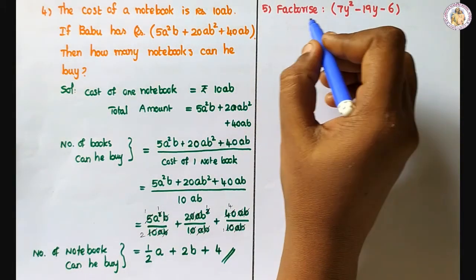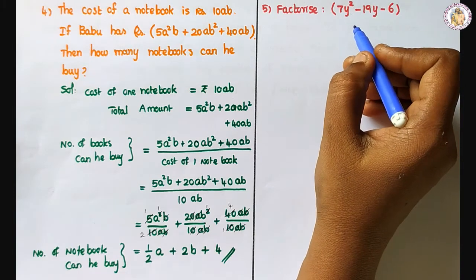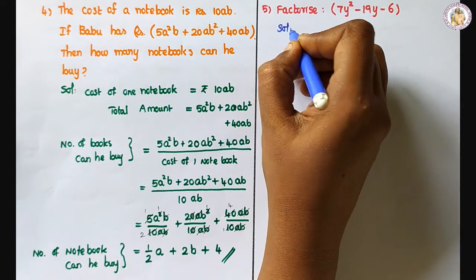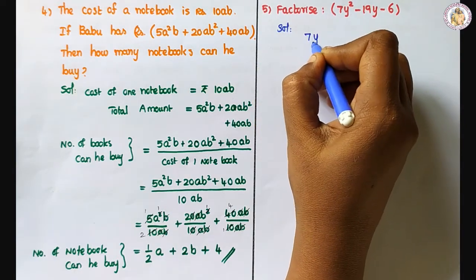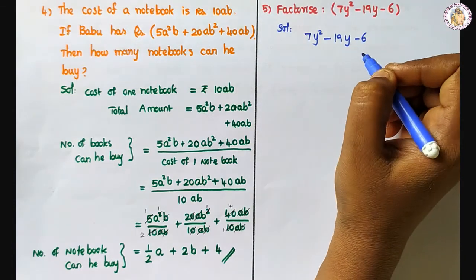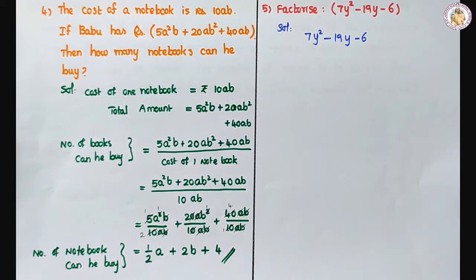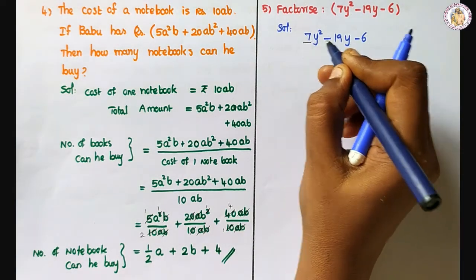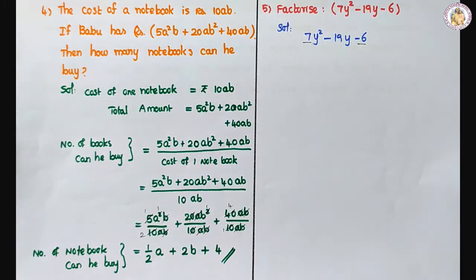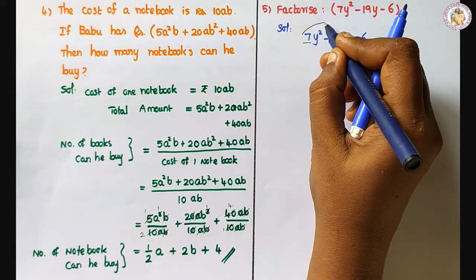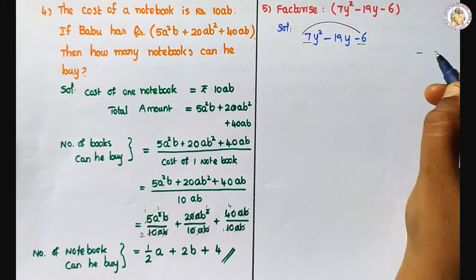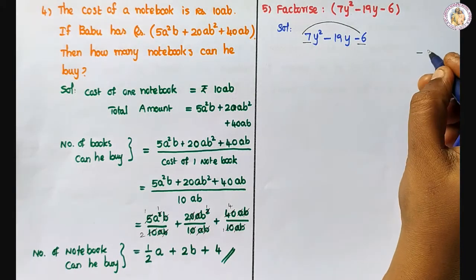Fifth one, factorize 7y squared minus 19y minus 6. What's the procedure here? Multiply the numerical coefficient of y squared and the constant term. Plus into minus is minus, 7 6s are 42.